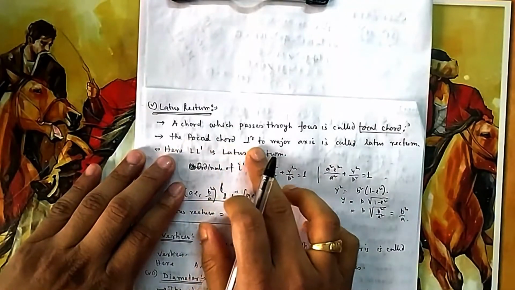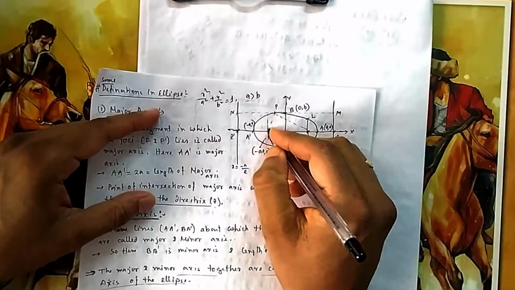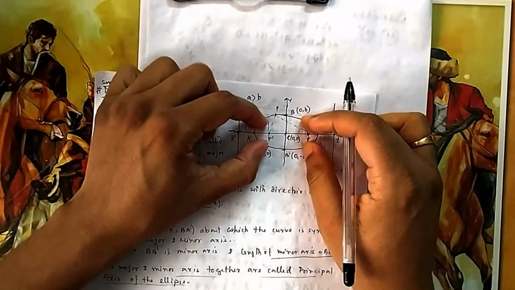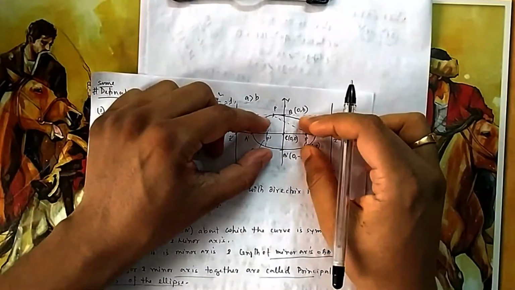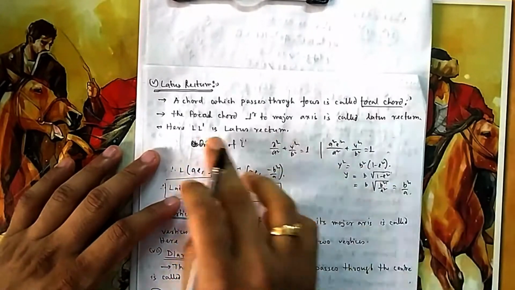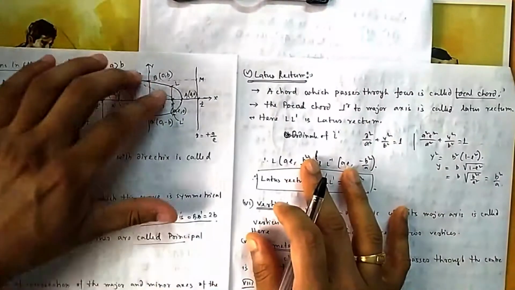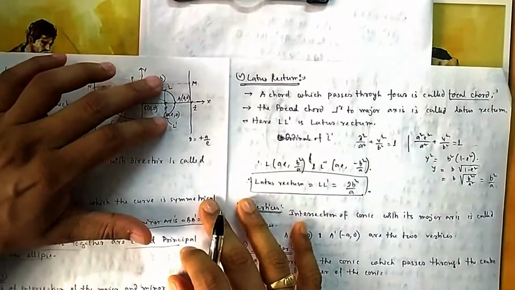The focal chord which is perpendicular to the major axis, this side and this side both being the same in magnitude by symmetry, is known as the latus rectum. So LL dash is your latus rectum. You have to find these extreme points L and L dash so that you find the length.